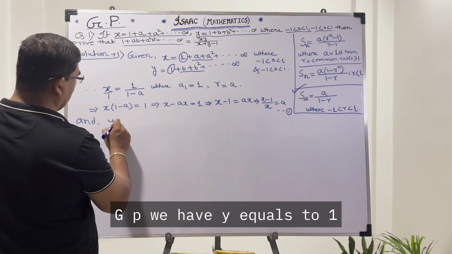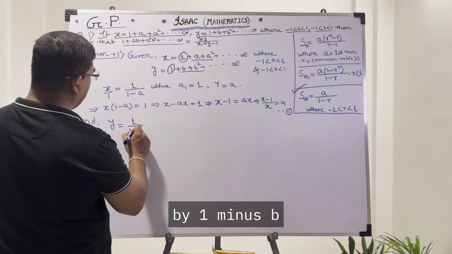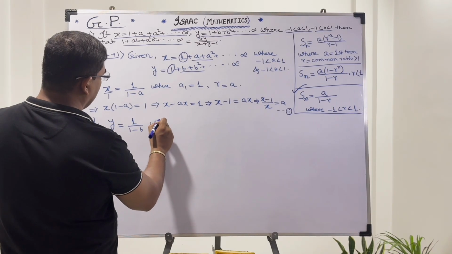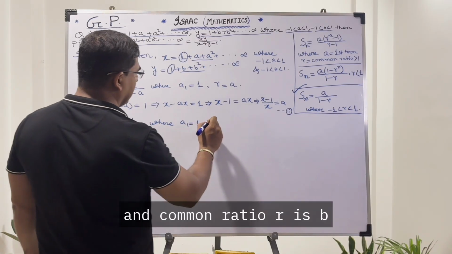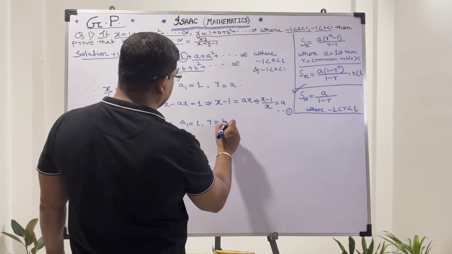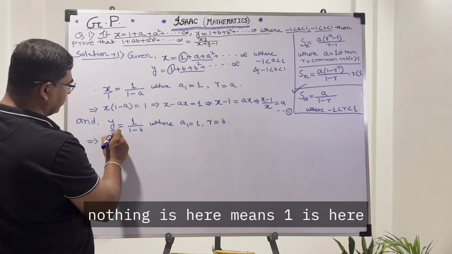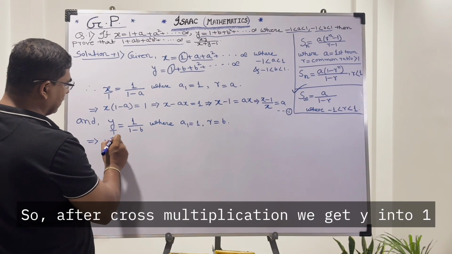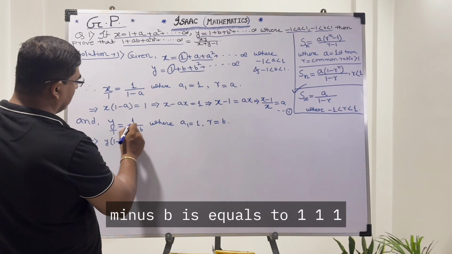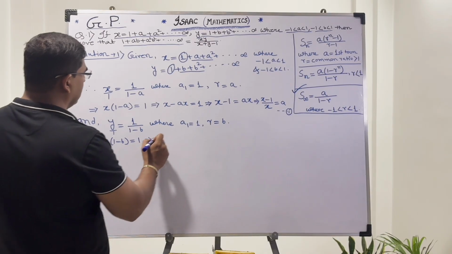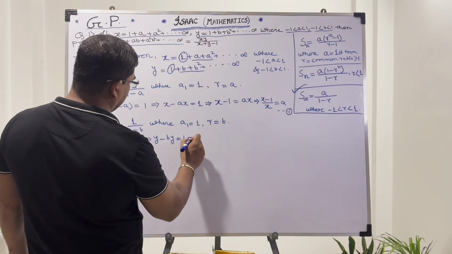And for the second GP we have y equals 1 by 1 minus b, where first term a1 is 1 and common ratio r is b. Nothing is here means 1 is here. So after cross multiplication, we get y into 1 minus b equals 1. This implies y minus by equals 1.